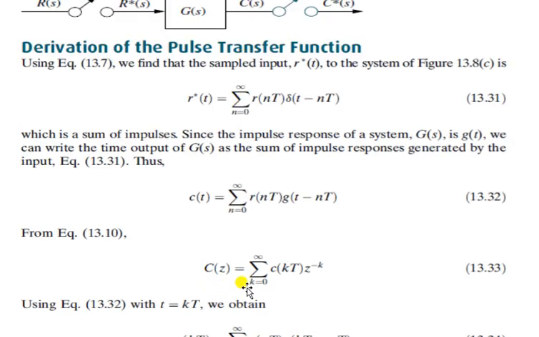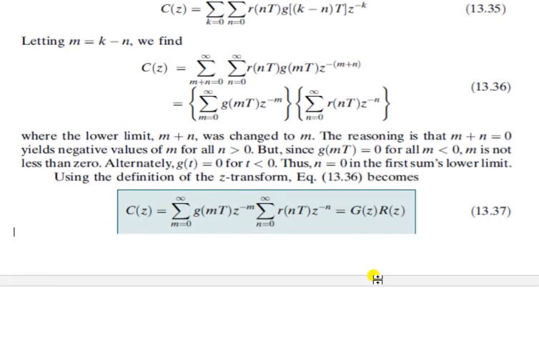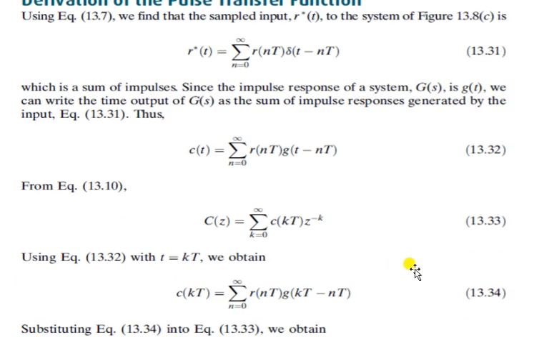This equation is from the direct formula, which is C of Z equal to summation of k equal to 0 to infinite C kt into Z to the power minus k. Now we have this equation from equation number 13.32, which is this one.